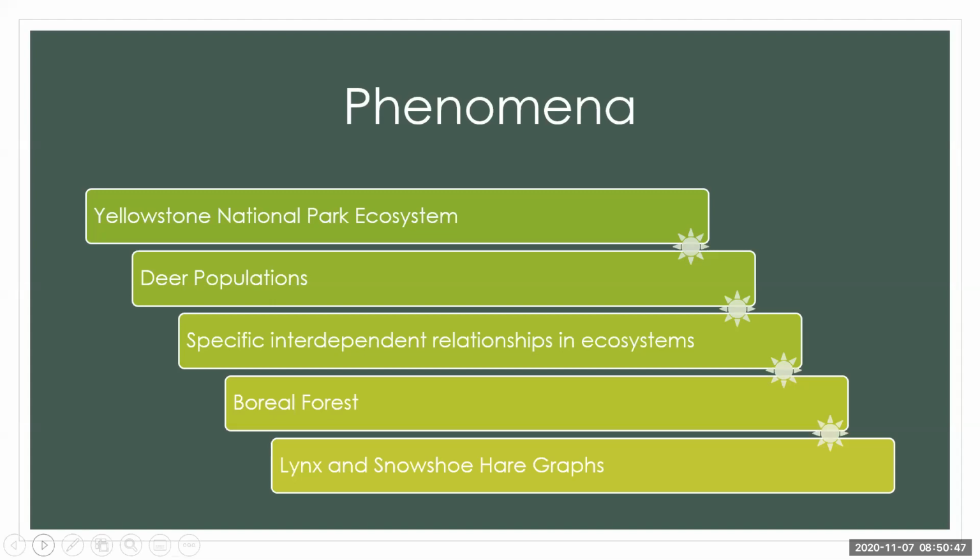Then we have specific interdependent relationships in ecosystems, within specific ecosystems, and we have several of those. We are talking specifically about the ecosystem of the boreal forest, and in that ecosystem, we are looking at the lynx and the snowshoe hare for graphical data to use and analyze.